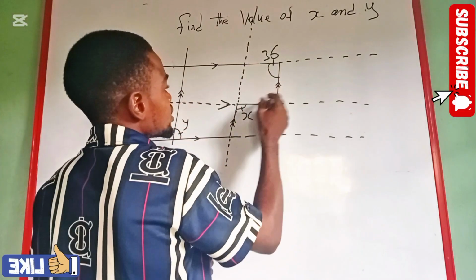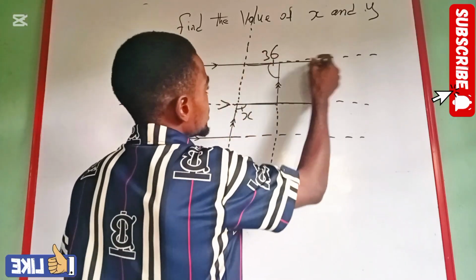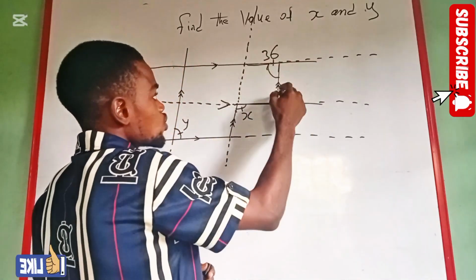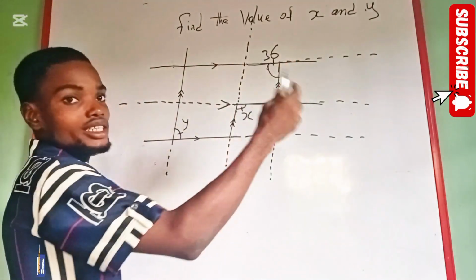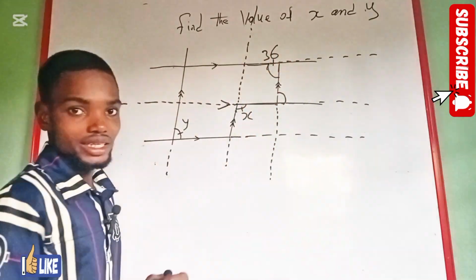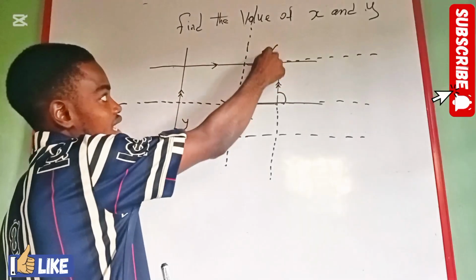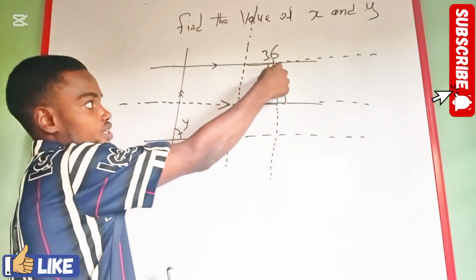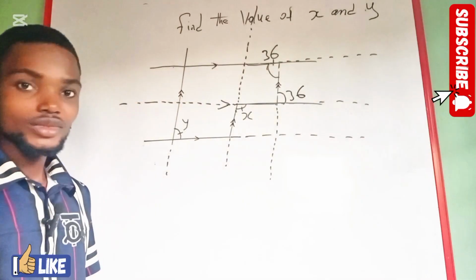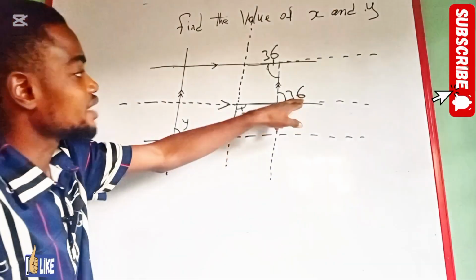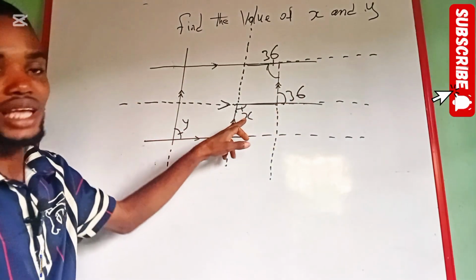Because these two lines are parallel and this is a transversal, this angle will alternate to this angle and they are going to be equal. Remember that in this question, they put the angle outside, but this angle belongs to this open space here. So this is 36, here will be 36. You understand?